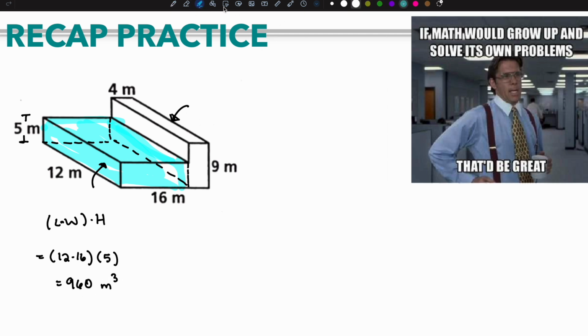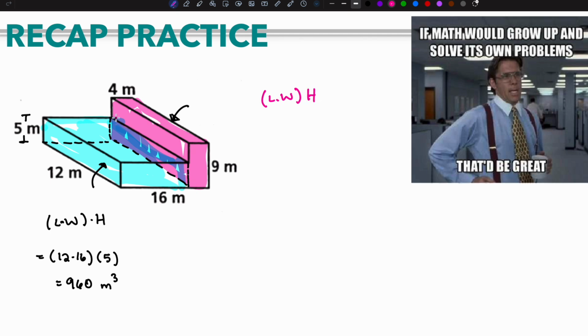Now to do this other part, the tall, skinny one, you're finding that height, length, and width. So you would have the length times width and then again times the height.